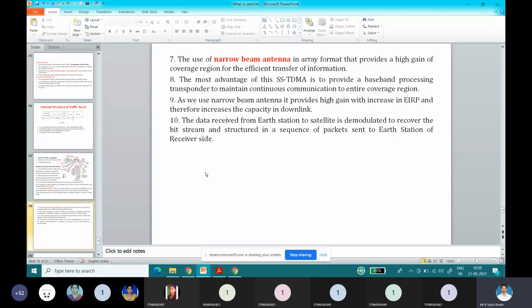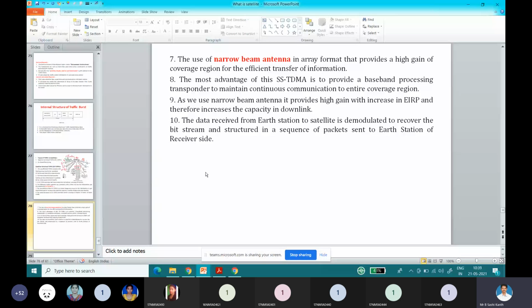That helps you to have this type of data transfer from the earth station to the satellite, and it is demodulated and we are regenerating the bit streams, and they are being made to structure in a sequence of packets, and those are being retransmitted from the satellite to the earth station on the receiver side.